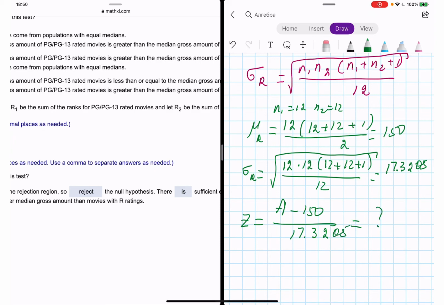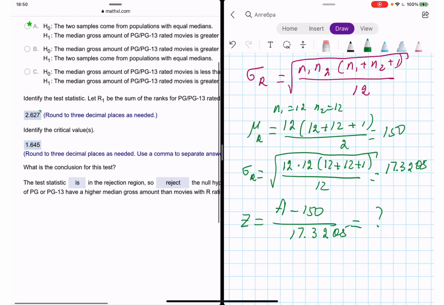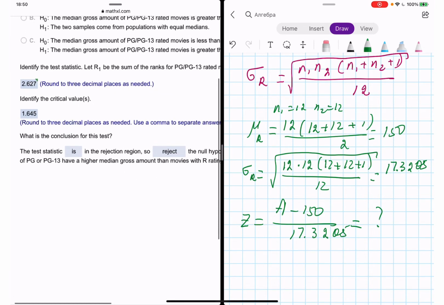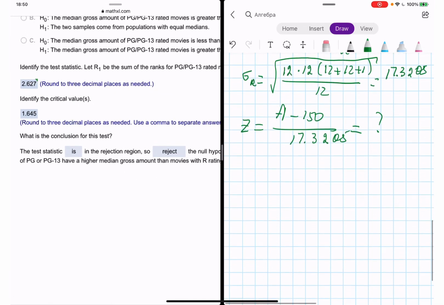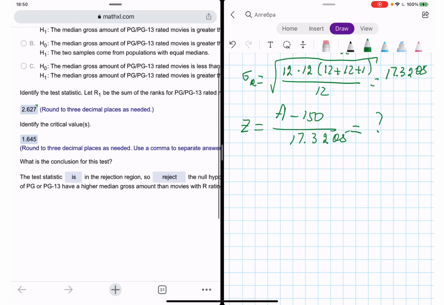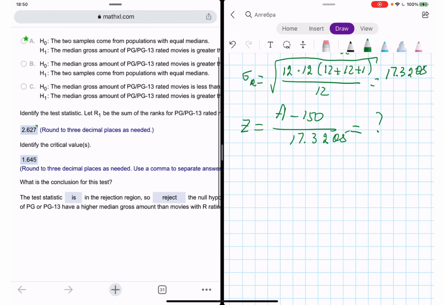So I don't know what number we will get, but we will get closer to z. It says it should be 2.627 actually. I forgot that I had opened the answer. 2.627 you should get.